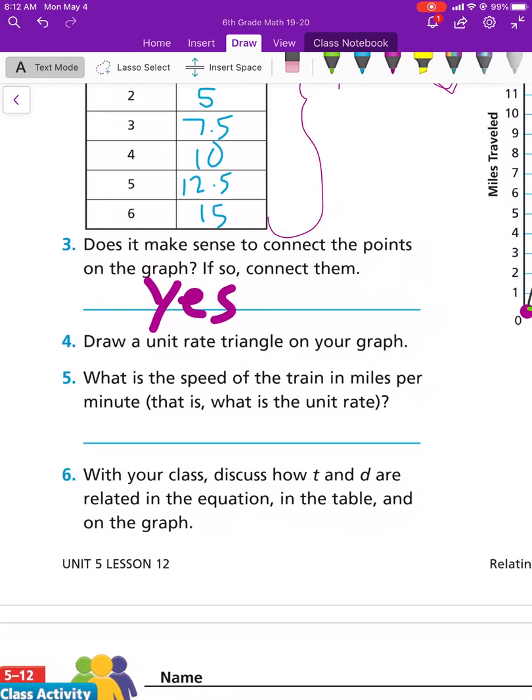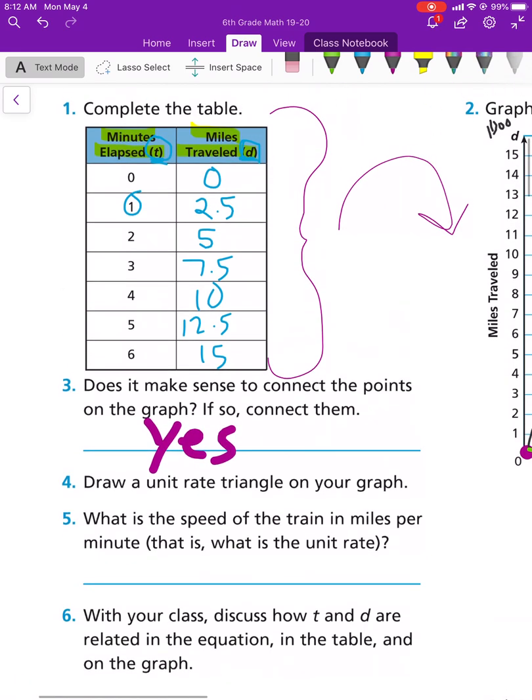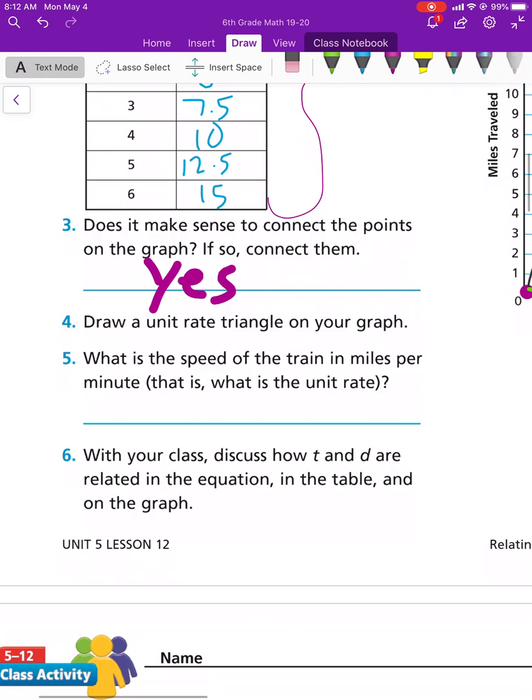That is, what is the unit rate? So for every one, what's the time? 1 minute. How far will it travel? And the correct answer is 2.5 miles per minute. Miles per minute.